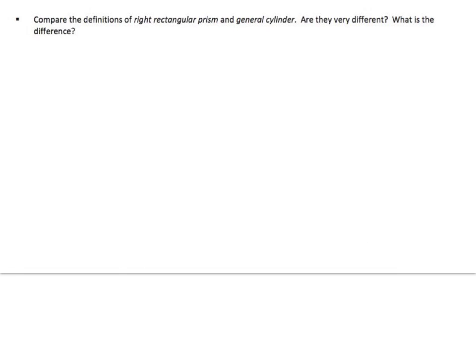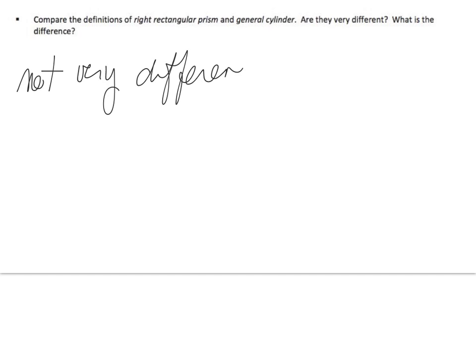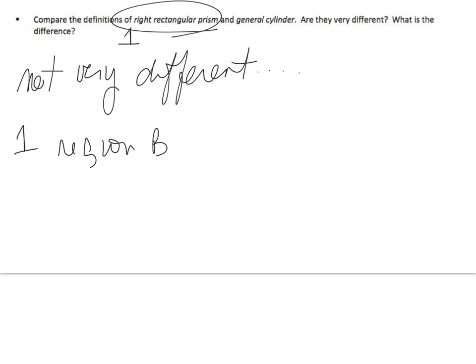Compare the definitions of right rectangular prism and general cylinder. Are they different? What is the difference? If we look at those two definitions, they're not very different. In the definition of a right rectangular prism, the region B is a rectangular region.